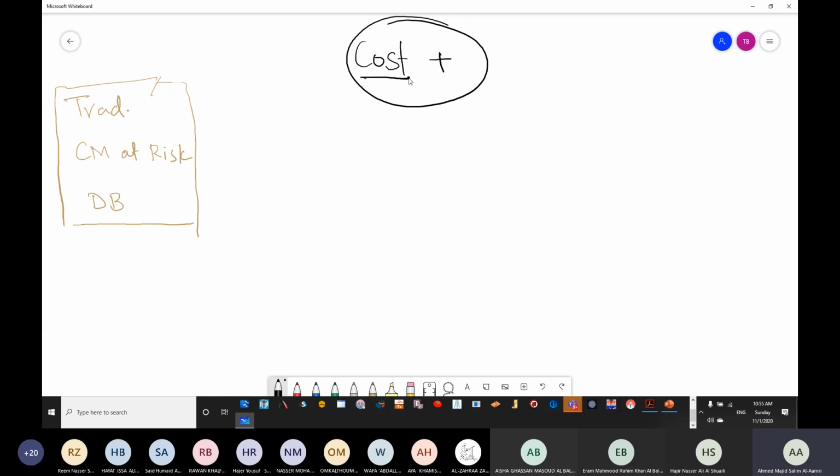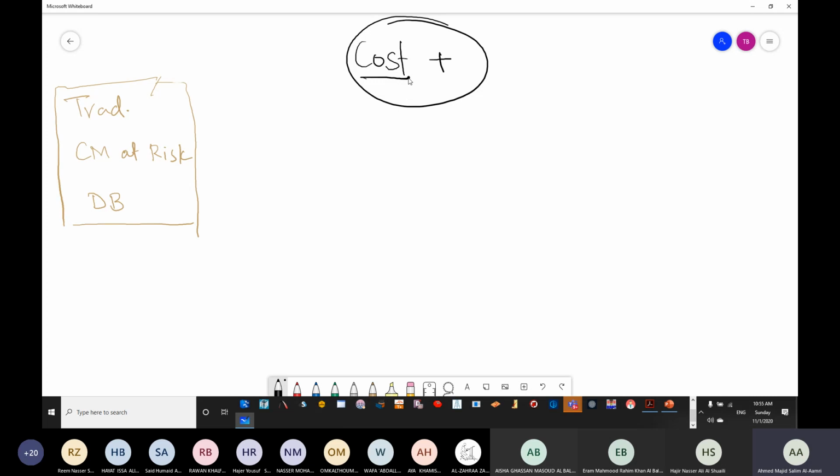Now, did they mention cost or price here? Is it including profit or without the profit? Okay, without the profit. Cost is without the profit.